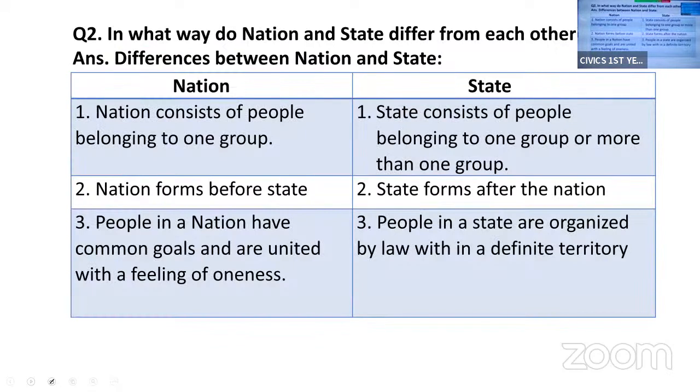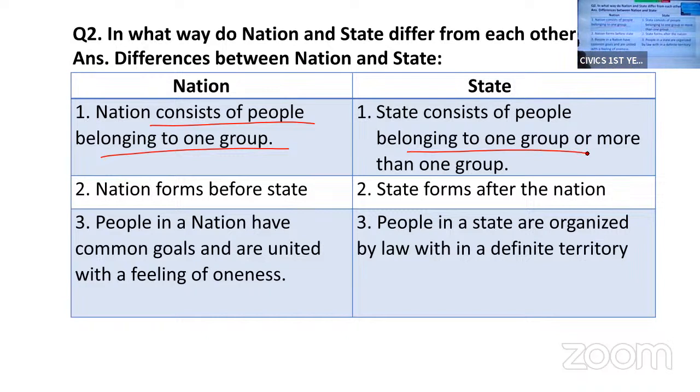Let us now discuss the difference between the nation and the state. What are the differences between the nation and the state? A nation consists of people belonging to one group. But a state consists of people belonging to more than one group.